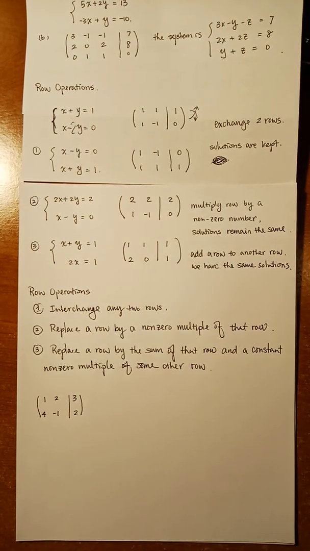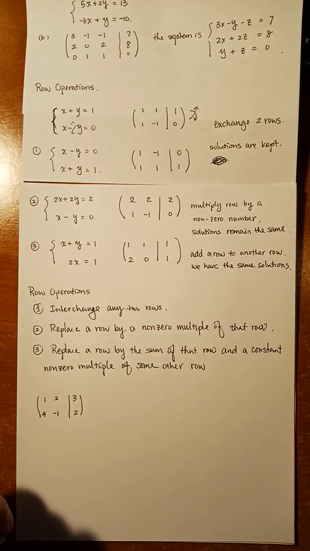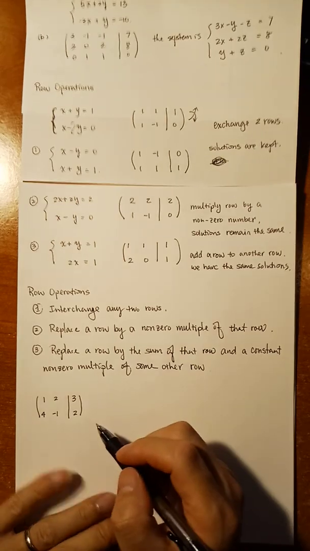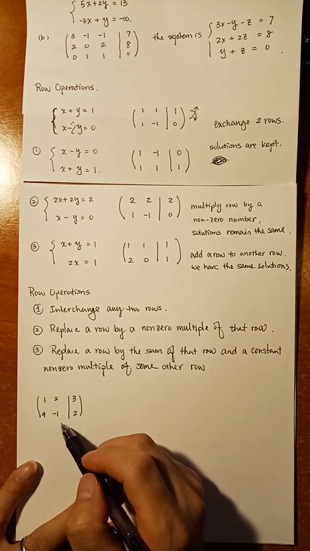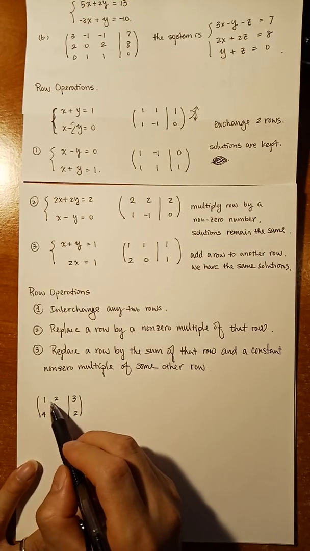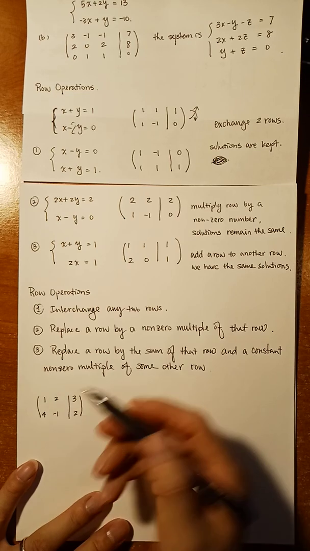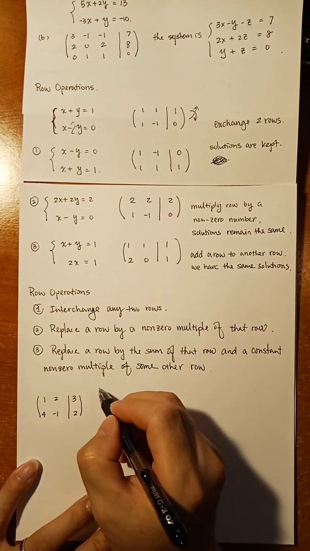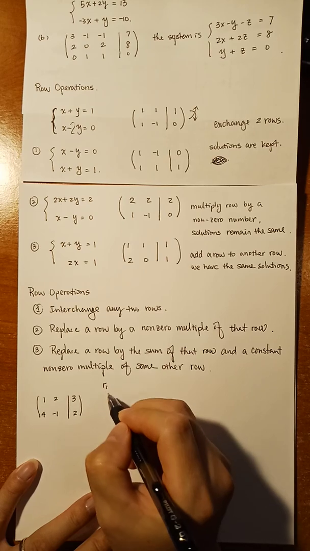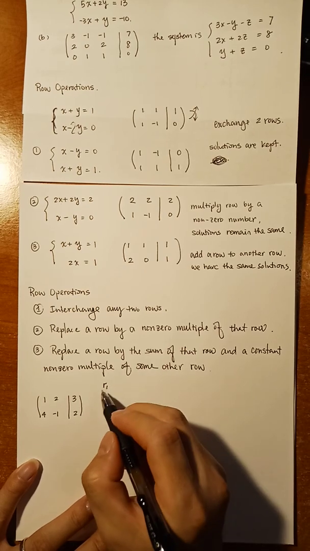So we want to do a certain row operation. We are going to multiply the first row by -4 and add it to the second row. Usually the original row we write with a little letter, row 1.